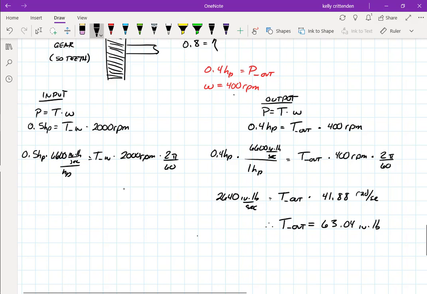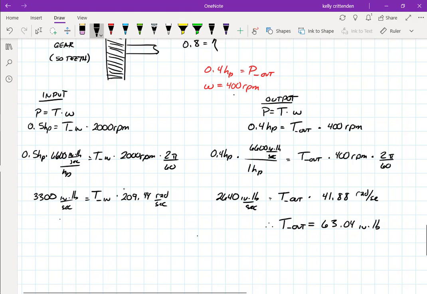So 0.5 times 6,600 is 3,300 inch-pounds per second. 2,000 times 2 times pi divided by 60 is 209.44 radians per second.